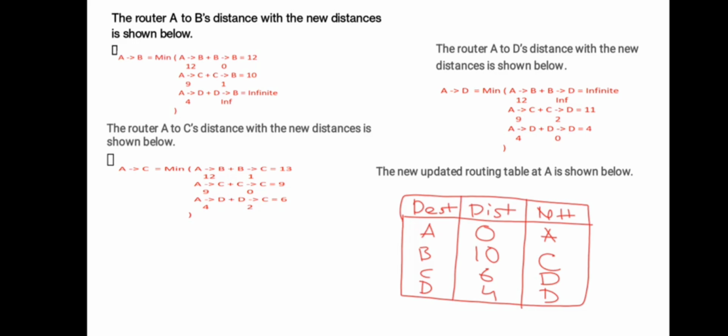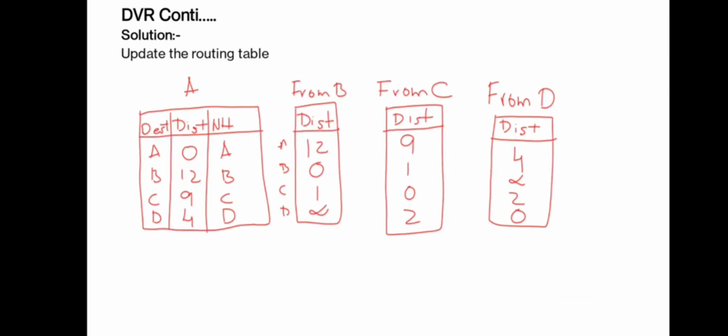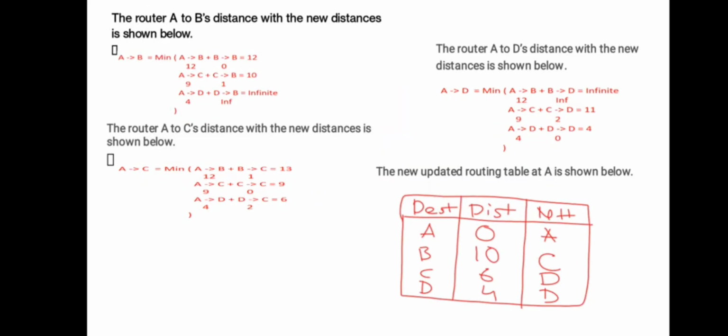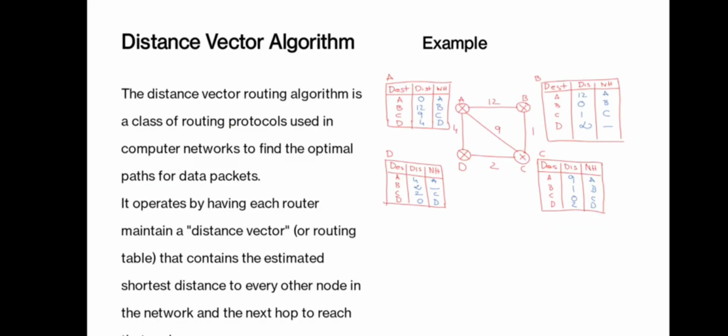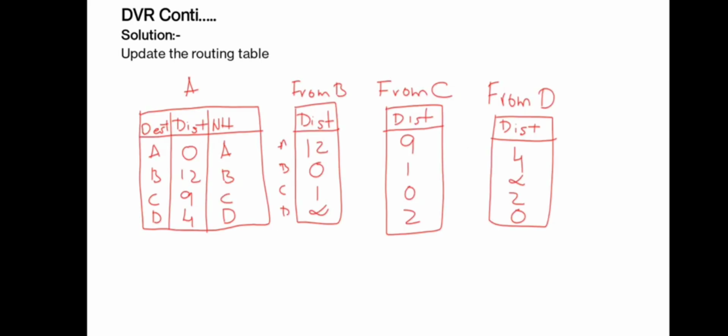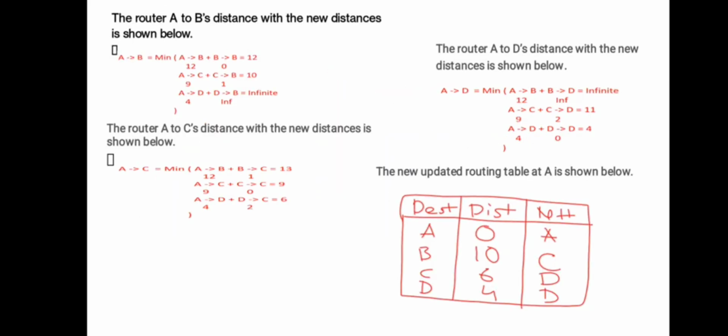Firstly, we take the A to B routing table. A's neighbor nodes are A to B, A to C, and A to D. So we can find the A to B value is 12 and B to B is 0.